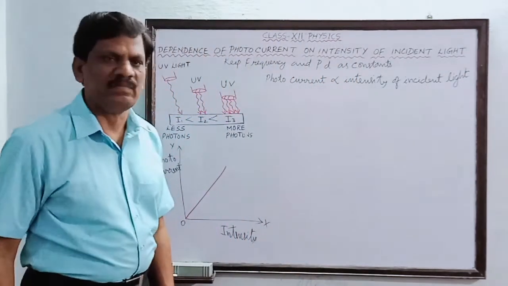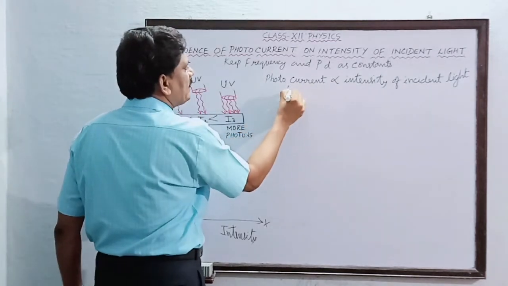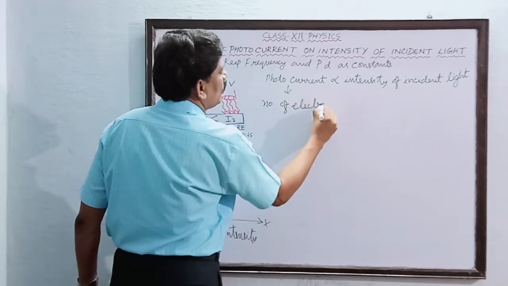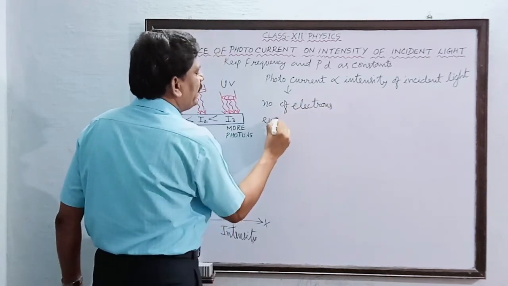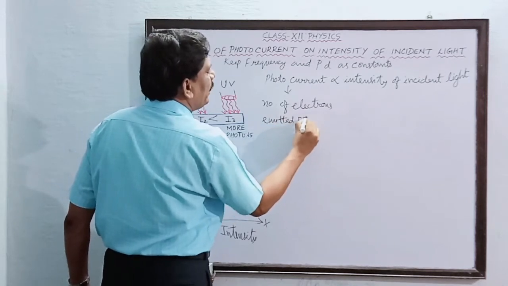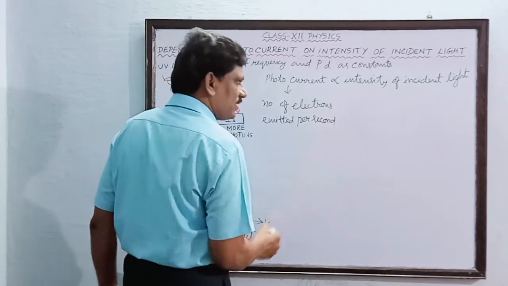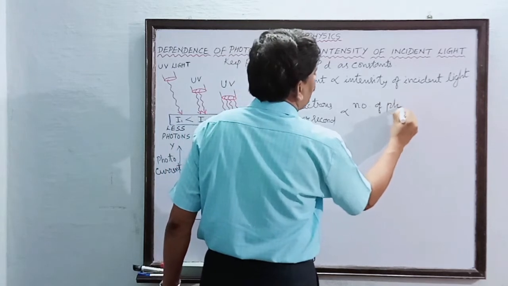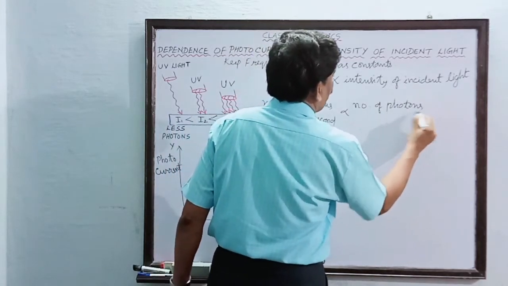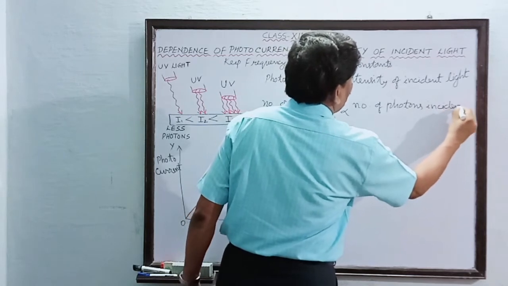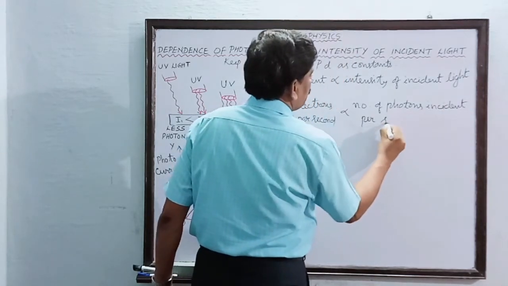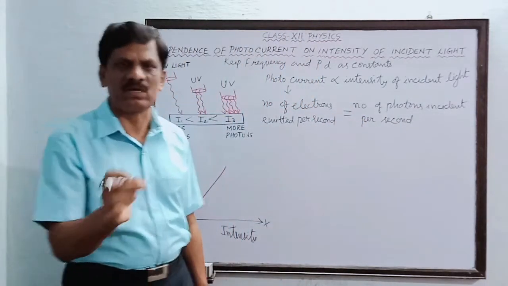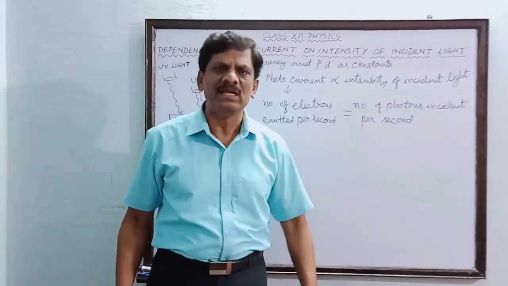Now I have already told you, my dear students, the photoelectric current is also proportional to the number of electrons emitted per second per unit area. This is proportional to the number of photons incident per second, because for every single photon incident on the metal surface, one single electron will be emitted.